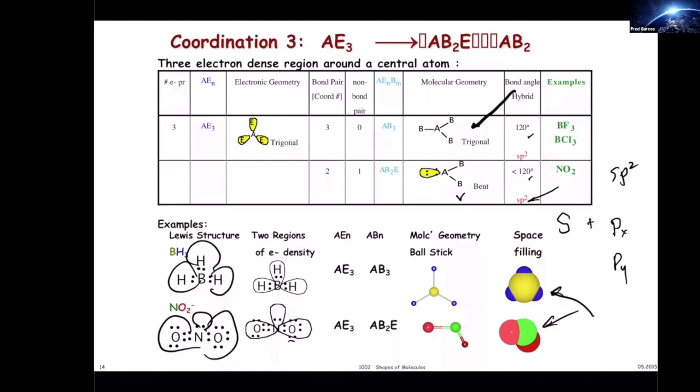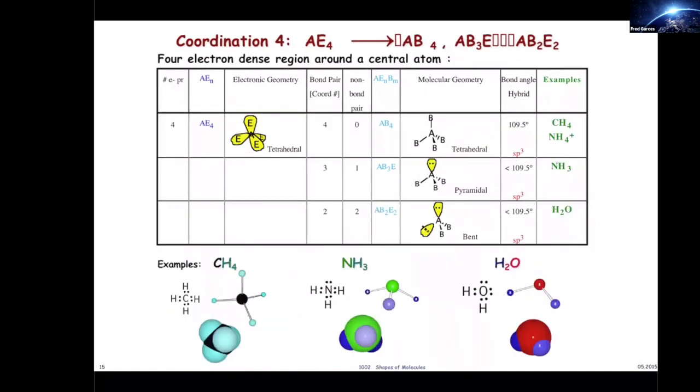Let's take a look at the last category, the 4. So when we have 4 regions of electron density, then we definitely have a tetrahedral electronic geometry. And if 4 of those electronic regions are bonded atoms, then the molecular geometry is also tetrahedral. And the way the atomic orbitals are arranged is 1s, and all 3 of the p orbitals are mixed to form that molecular orbital. And here are some examples of chemicals that have these.